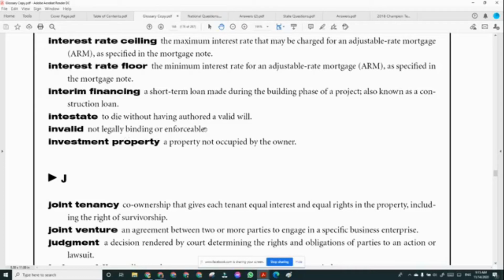Interim financing, a short-term loan made during the building phase of a project, also known as a construction loan. When you end up finally being a realtor and starting to help people, a lot of people want to buy brand new homes or bring a design and build from scratch.